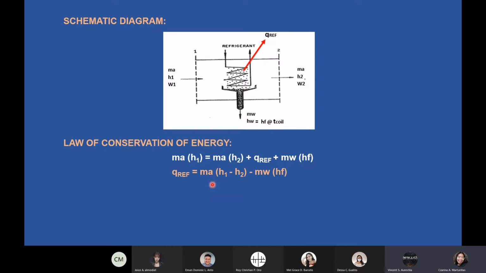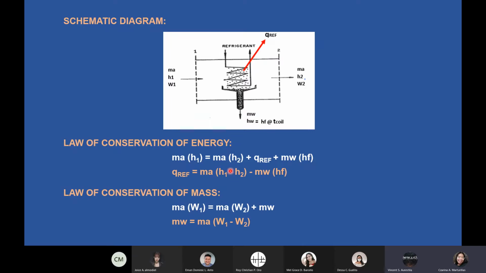Right? Enthalpy of fusion? And as a technique for solving the problem, we investigate the equation for which values we already have and which we do not. We already have our h1 and h2 and our hf, since it is in the steam tables.